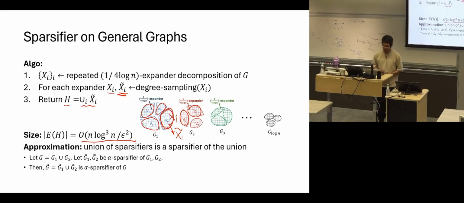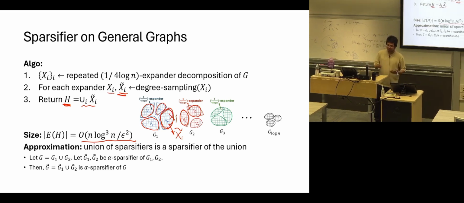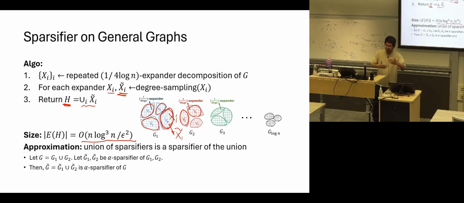Okay. Now why is the approximation correct? I claim that H is still a 1 plus epsilon cut sparsifier, it preserves each cut within a 1 plus epsilon factor.